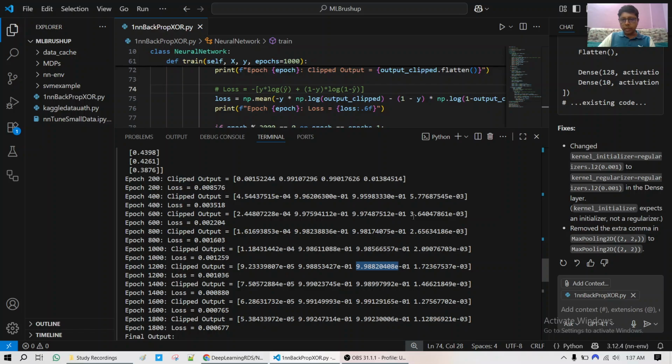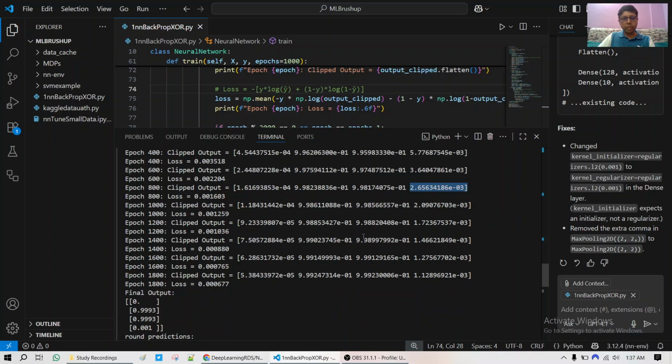Like this, you see the last one going to the precise value after each epoch.